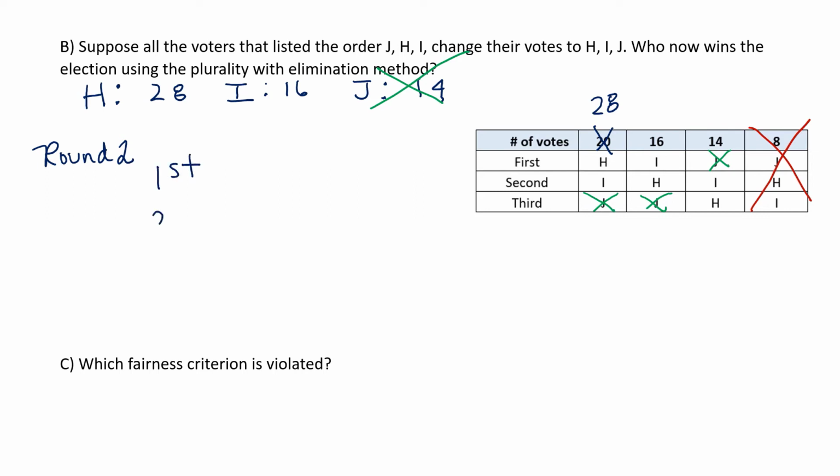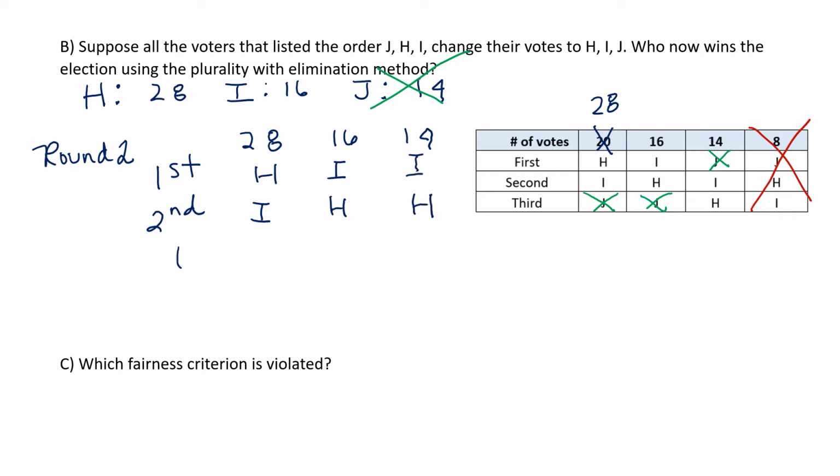There's first and second. The ballot counts are 28, 16, and 14, and with J eliminated, first ballot is HI, and the next 2 ballots are IH. Let's count the votes here.